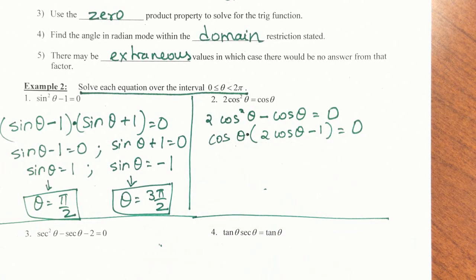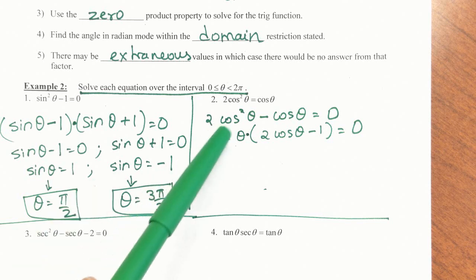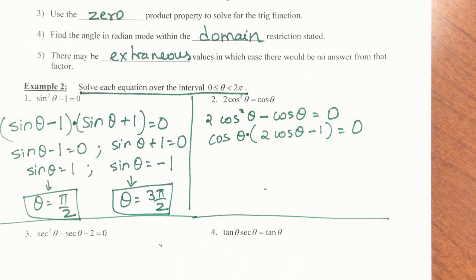Now what are you going to do? There are two factors, just like here, right? Set each of them equal to 0. Can we all do that? The next step is to set each of them equal to 0 and solve. I want to see if we can do this without my help.